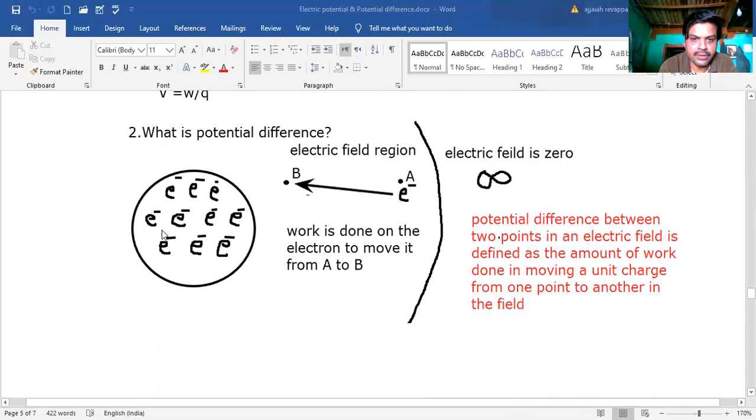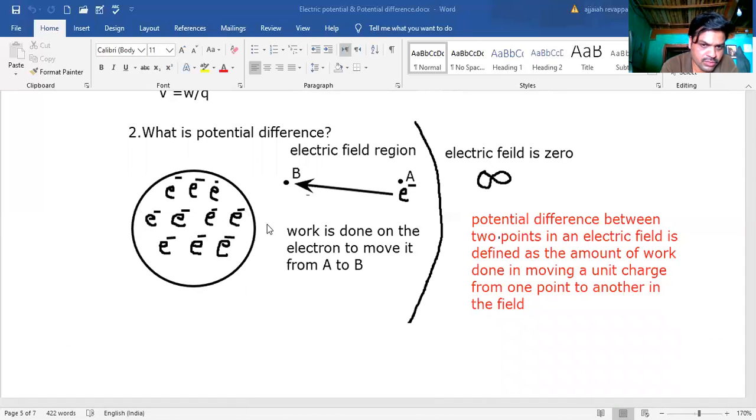And one more important question we are going to learn: what is potential difference? Electric potential and potential difference have a slight difference, not much. Again, imagine the electron cloud. Because of the electron cloud, there is an electric field, a region around the electrons where electric force is felt. Till this boundary, electric field is there.